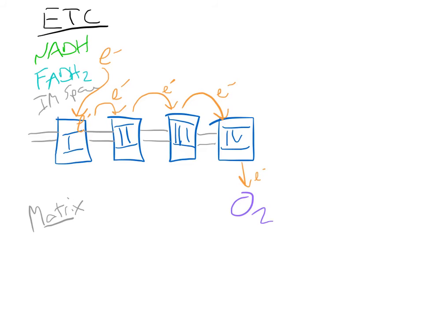So the oxygen becomes our final electron acceptor, takes these electrons and is able to form water as a byproduct or a waste. Now that's all great, but the thing is, we've seen what happens to our electrons, but we haven't seen the production of ATP. So how are we going to make ATP?